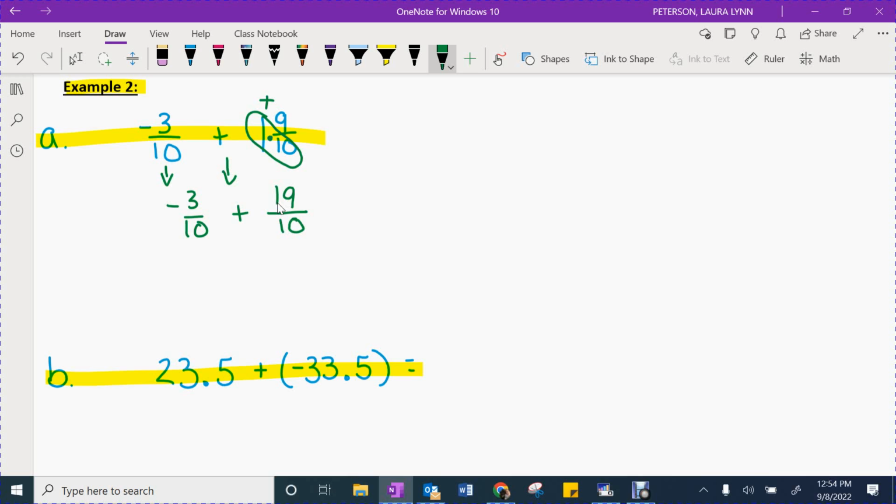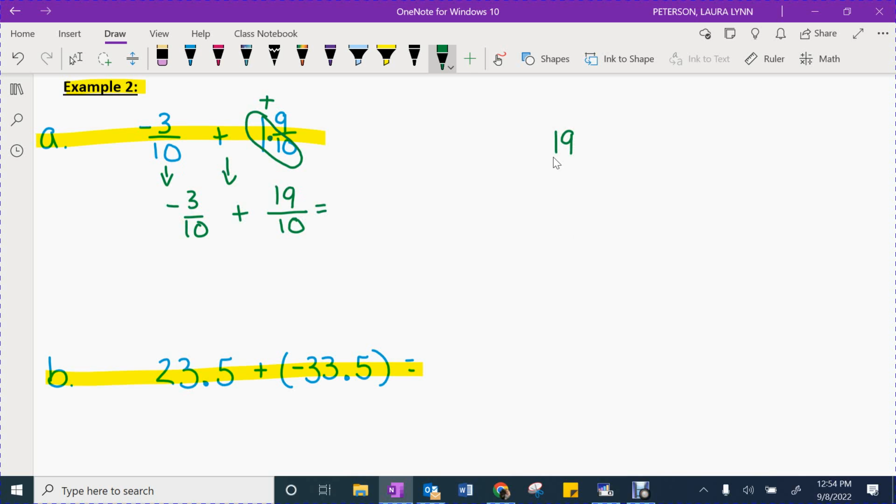So now we can think back to our rules with negatives. If they are different signs, subtract. If they are the same signs, you add. Now my fractions are different. One is negative, one is positive. And according to our rules, we subtract.